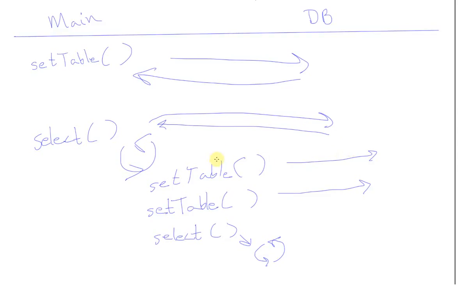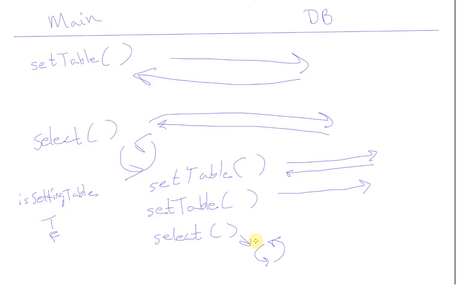Set table, say, makes an is setting table boolean true. Then this one sets it to true again. Both are executing. Then the original one returns and sets is setting table to false.